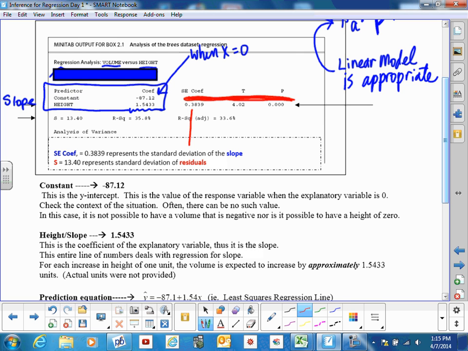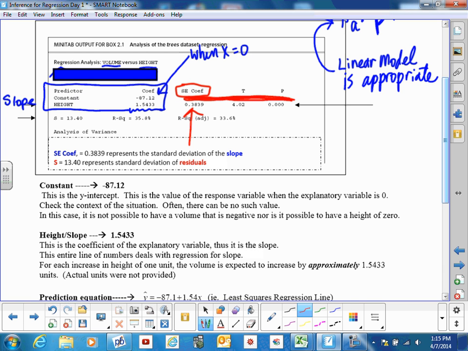This first item here is the standard error of the coefficient. Standard error is like standard deviation. So it's the variability, like how much your slope or your y-intercept can go up and down.